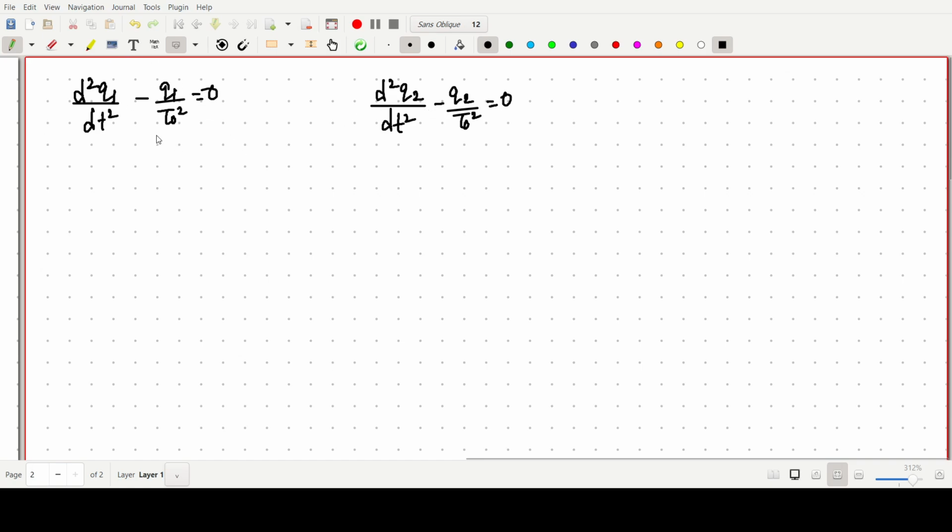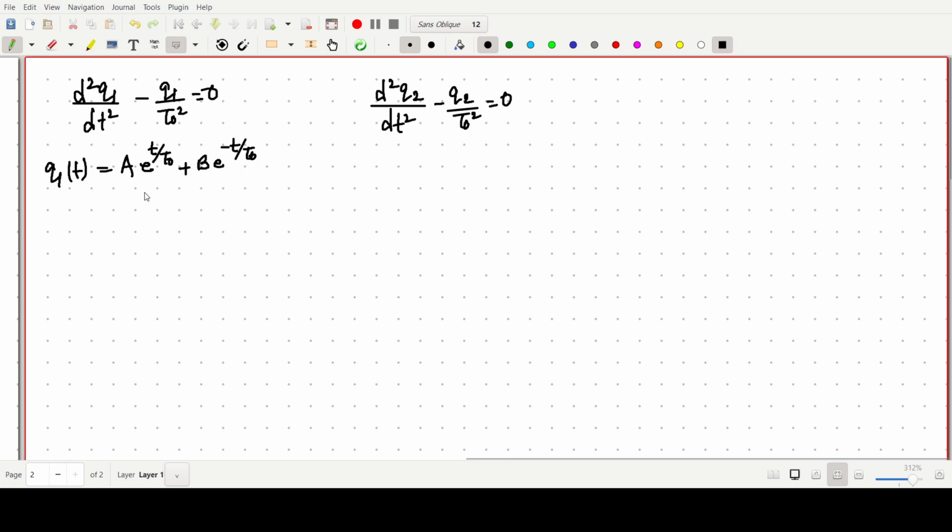So if we solve this second order differential equation that we have solved, what we get, q1 as a function of t equals to a into e to the power t by tau naught plus b into e to the power minus t by tau naught. Okay, that we have found.